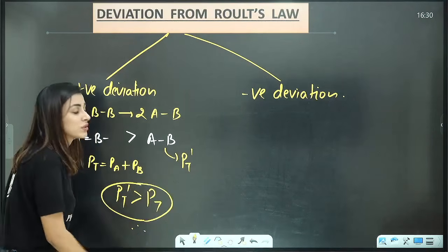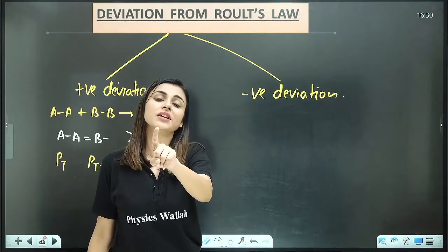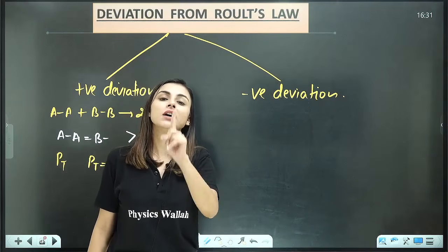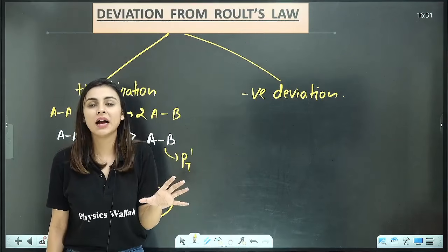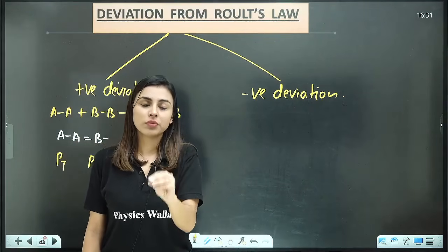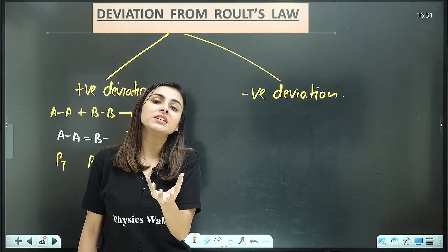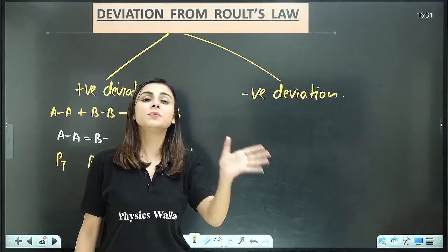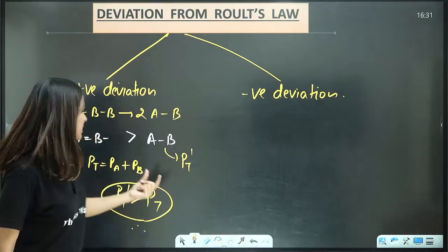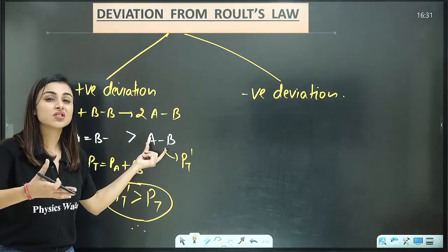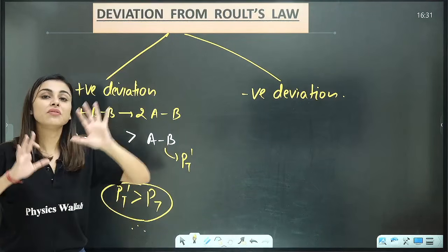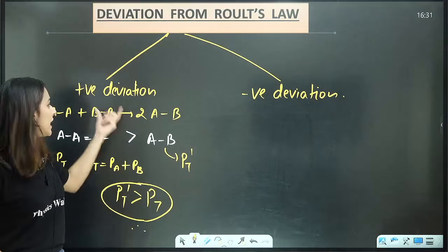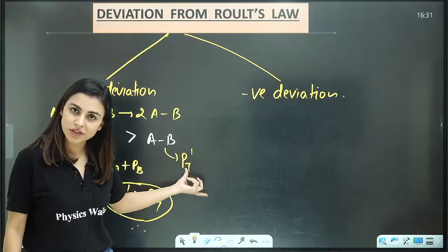So for a positive deviation, total pressure would always be more than the Raoult's law calculated ideal pressure, the pressure which is calculated for an ideal solution. I hope you understand why. Because the later interactions are weaker, so they can form more vapors, and that is the reason total pressure would be more, and that is the reason we say it as positive deviation.